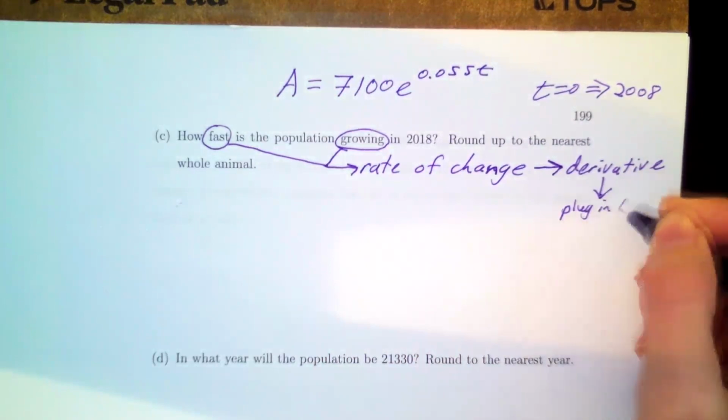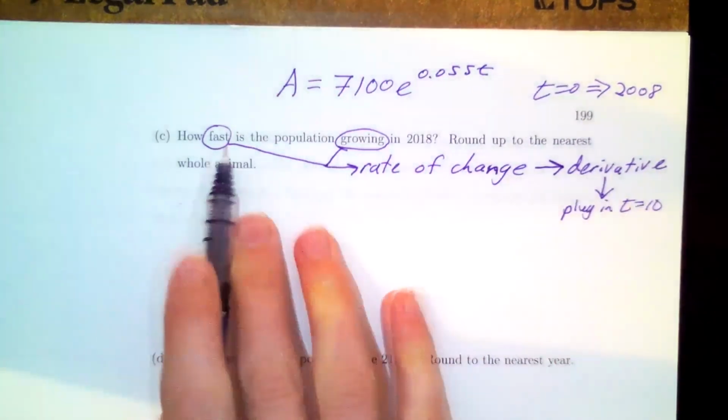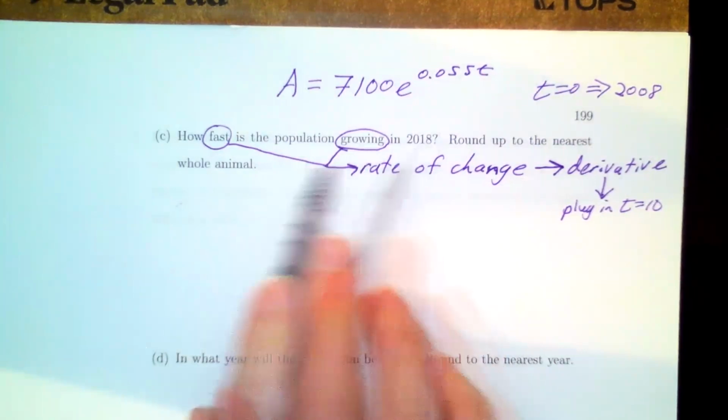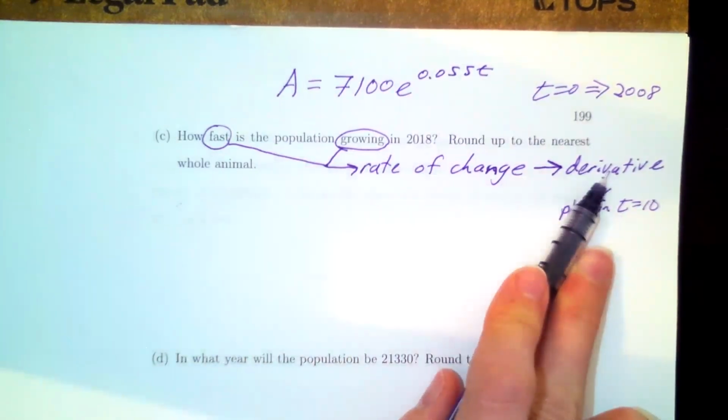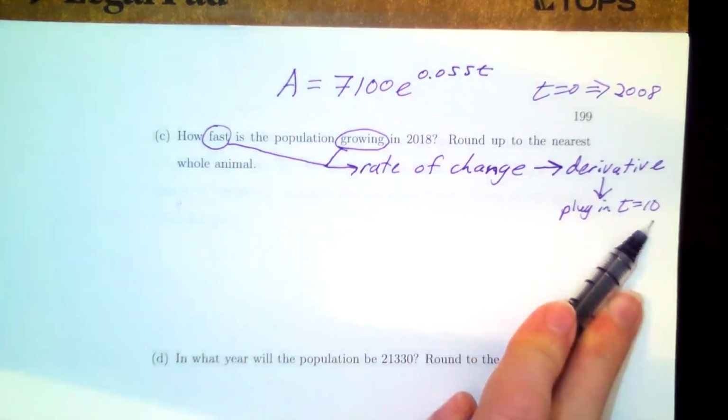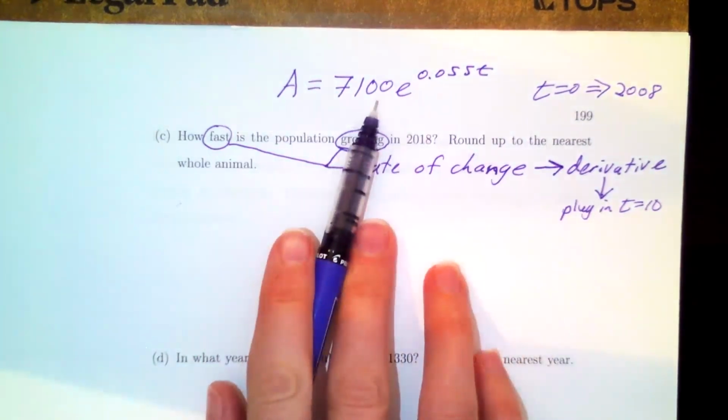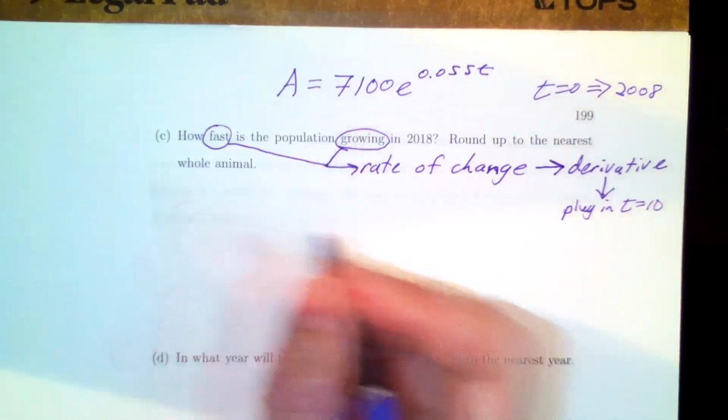So since it's asking for a rate of change in 2018, it's asking for a derivative at that corresponding t value. That means you're going to be plugging in 10. So my path is clear to me now. I should take the derivative of this function, my model there, and then when I'm done taking the derivative, plug in 10. You'll have the rate of change in wolves in 2018.